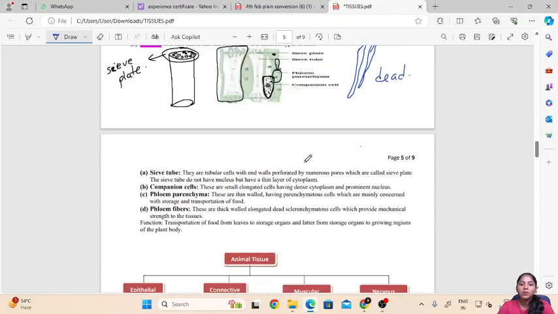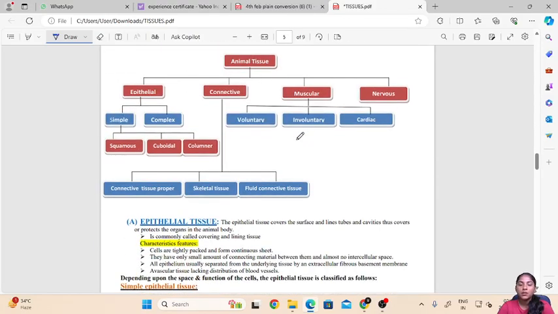Then the next part of the chapter is animal tissues. Now animal tissues are classified into 4 types: epithelial tissue, connective tissue, muscular tissue and nervous tissue. So first we will see the epithelial tissue.